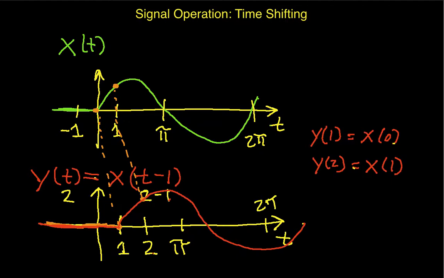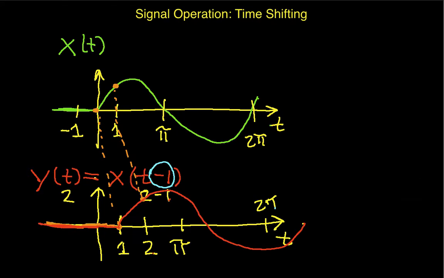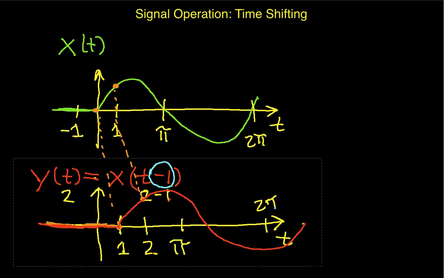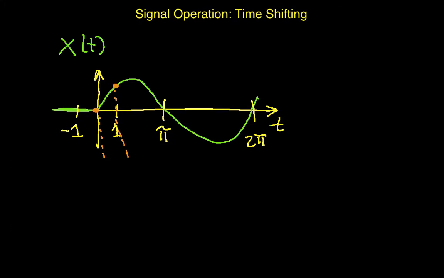And that's what we got when this term was negative. So we're subtracting 1. Subtracting 1 corresponds to shifting 1 to the right. Okay, so hopefully that made sense. Let's see what happens. We'll get rid of all this stuff and tidy this up just a little bit.